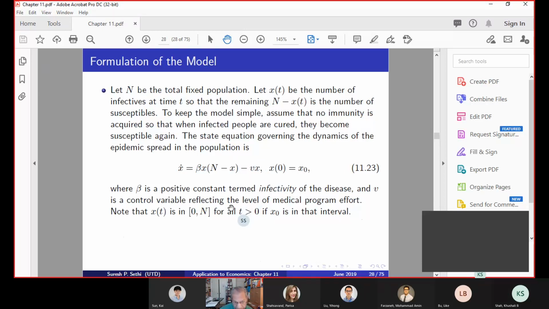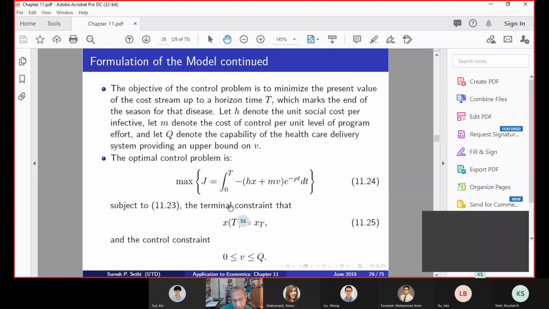Okay. So all we need to do to solve this problem, to make it a control problem, is to include the objective function. By the way, this is all I learned from the library. Now I'm going to do the objective function. So I'm going to say that there is the infected cost to the society, which is H times X. It's a social cost of lost labor, lost production and things like this.